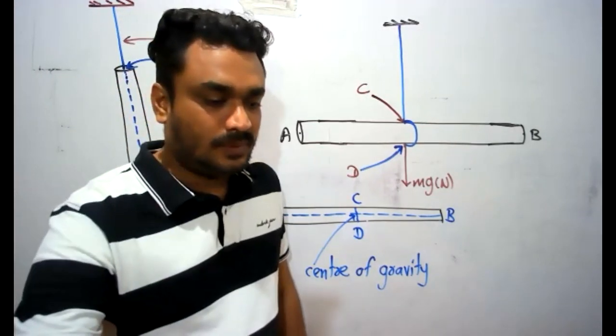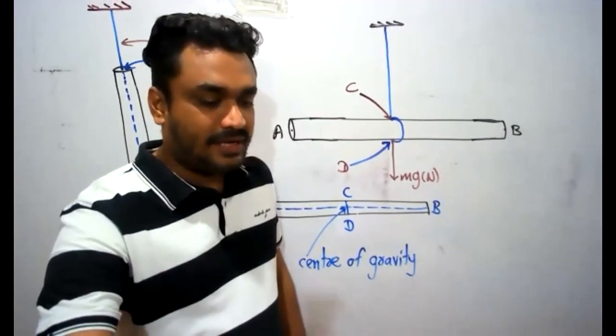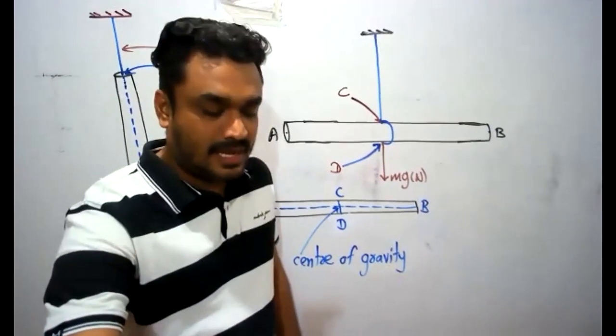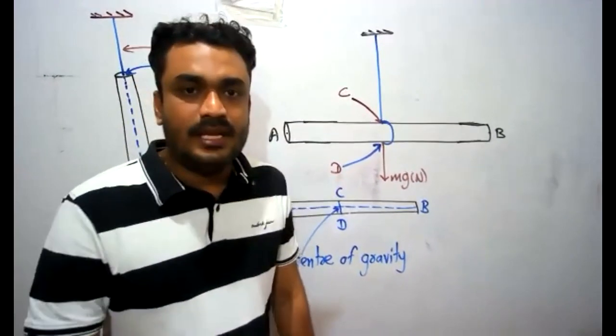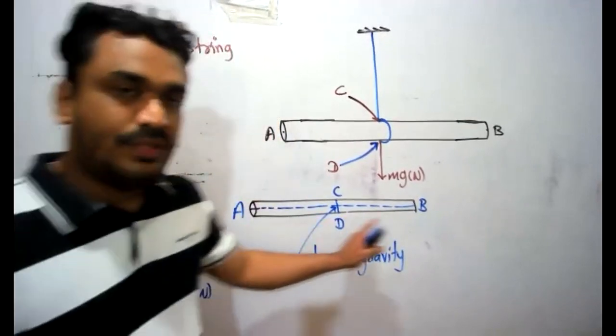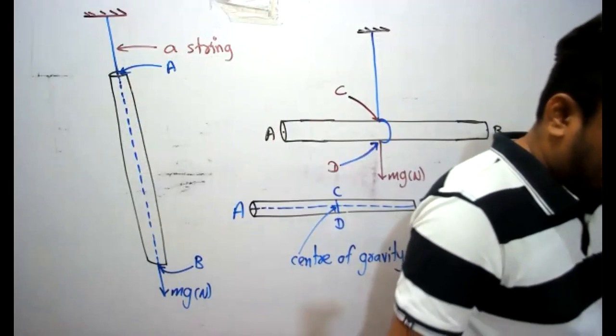Okay. So where is the center of gravity here? The center of gravity is the point at which AB and CD straight lines meet. Draw this figure here, quick.